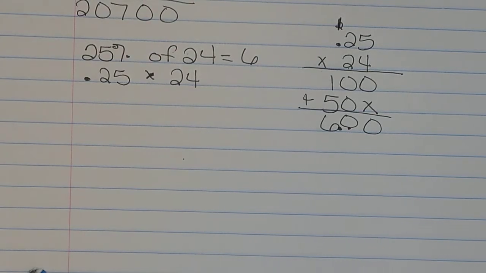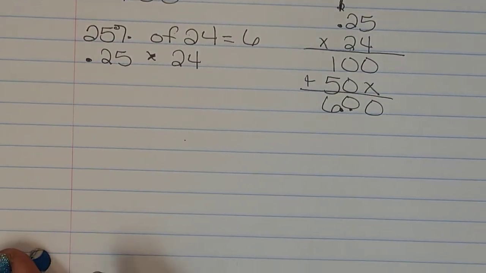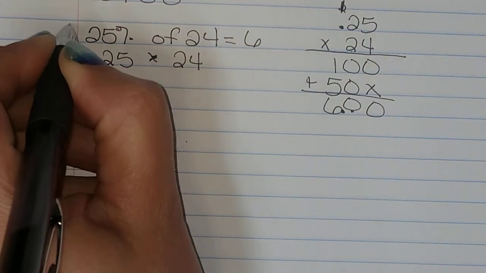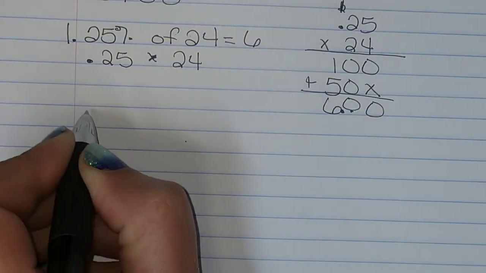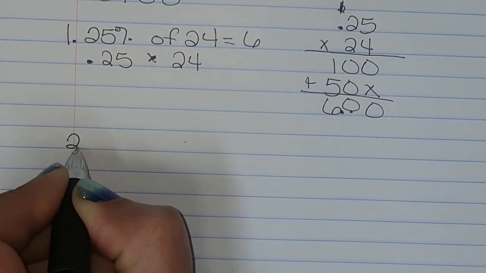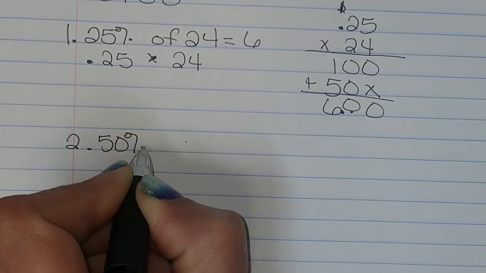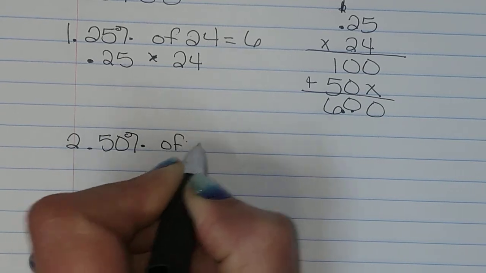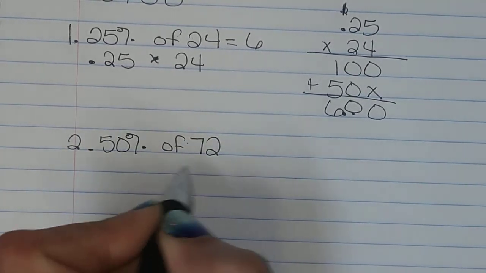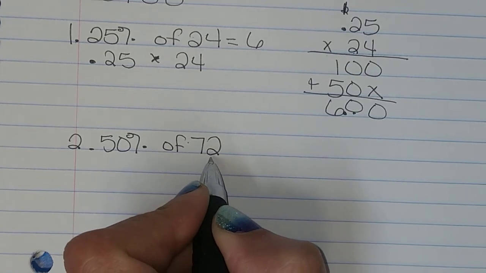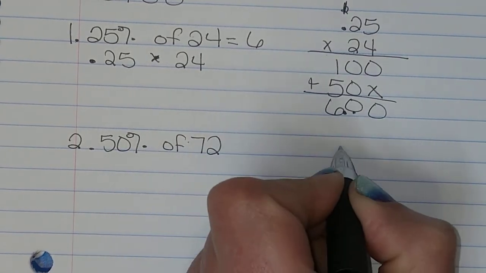Let's look at that other way using your proportions. This will be number 2. Number 2 from reteaching is 50% of 72. So again, proportion. I have my whole, but I need to find my part.